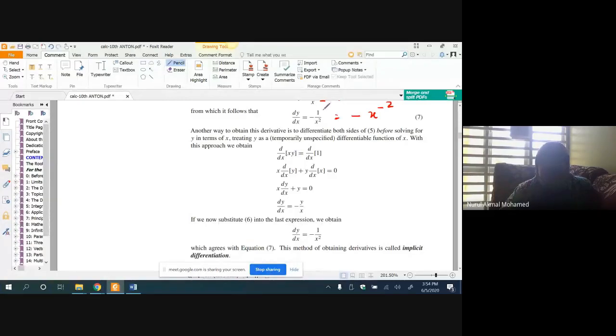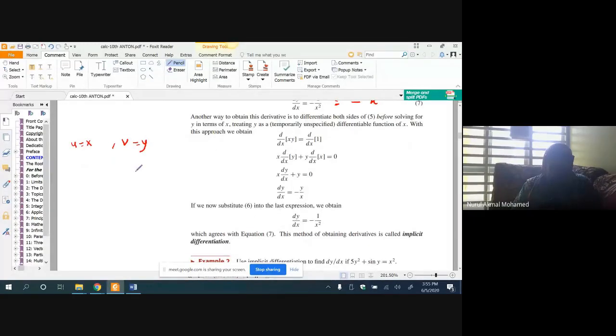But we have to be careful here because this is dx, and another one is dy/dx. So let's look at this first. Let me explain so that you can understand. Let's denote u equal to x and v equal to y.